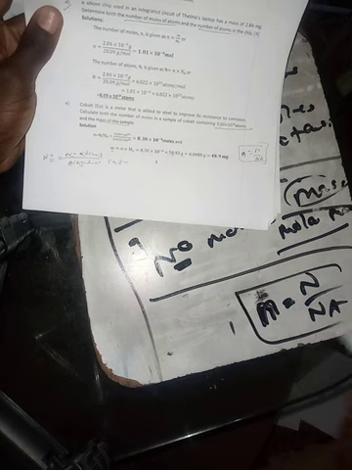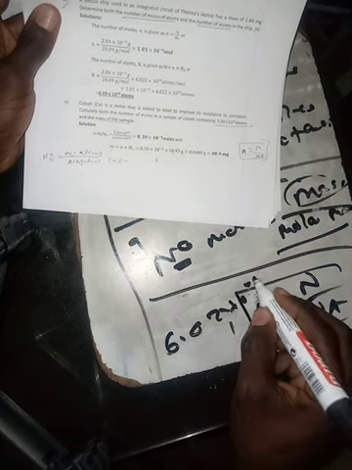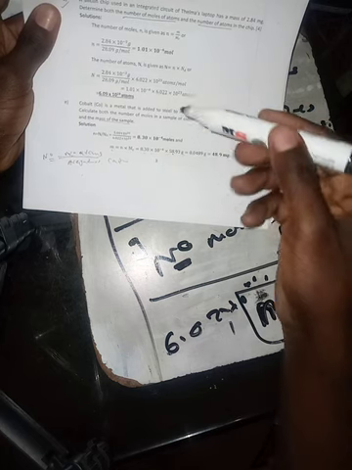Avogadro's constant is the fixed number 6.022 times 10 to the power 26, if my memory serves me right.